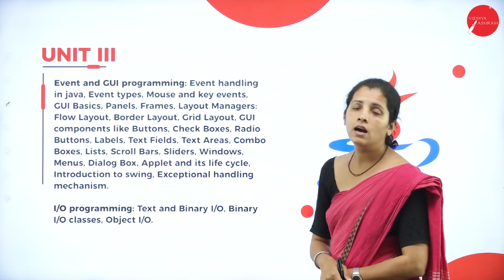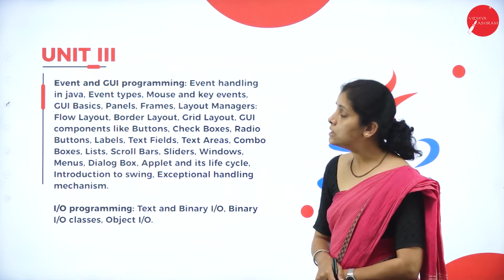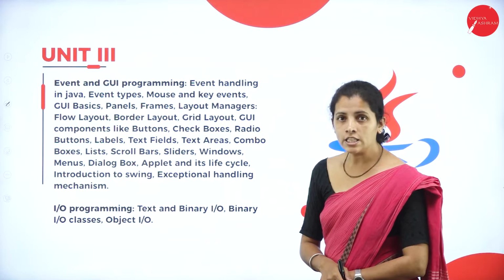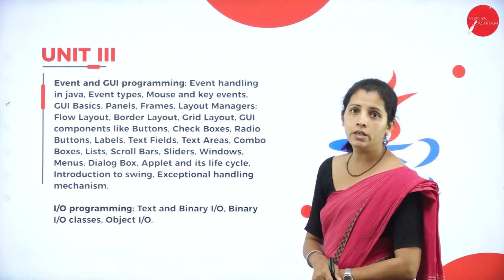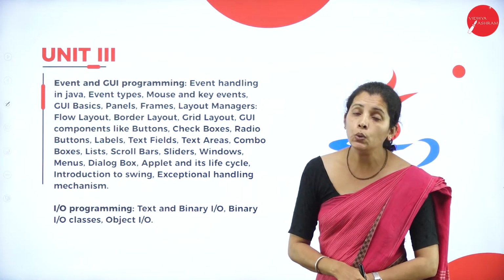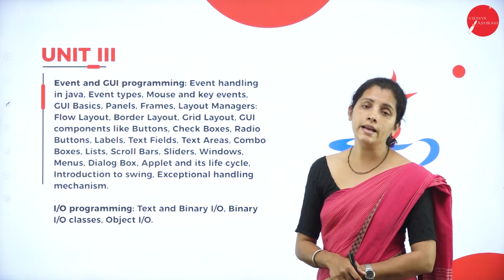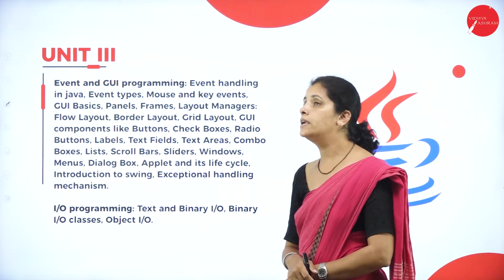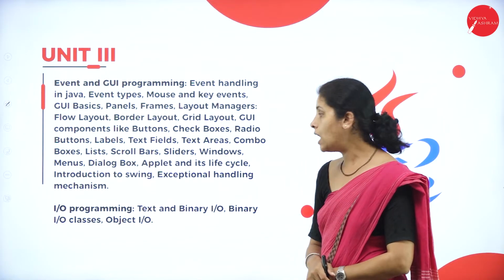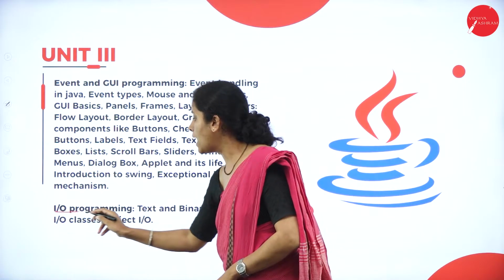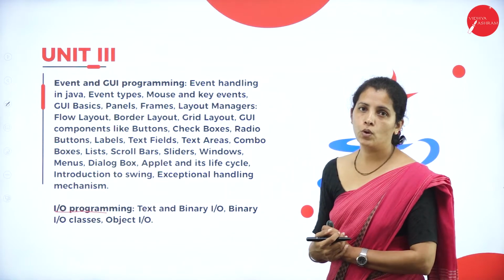Moving further, I'm going to have the third unit. Once again, under the third unit, I'm going to get two chapters. One is event and graphical user interface programming. Along with that, I'm going to have input output programming.